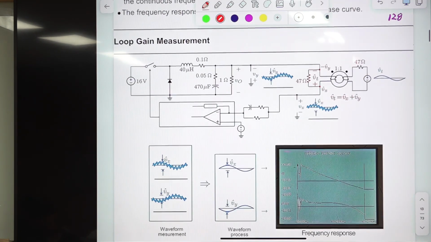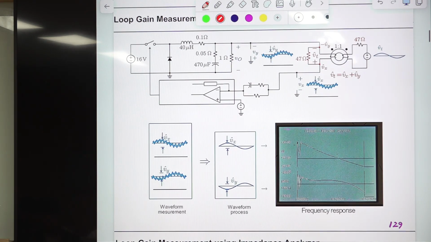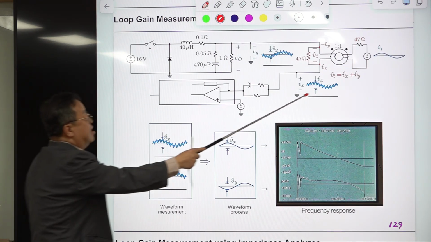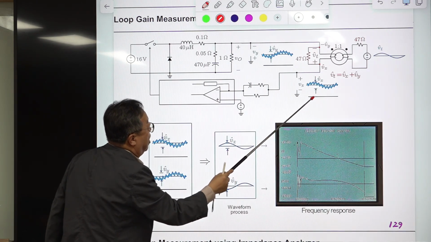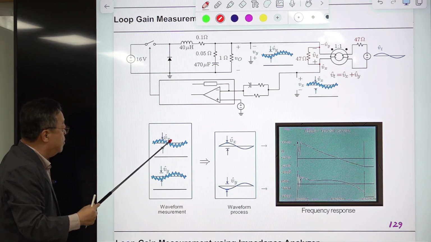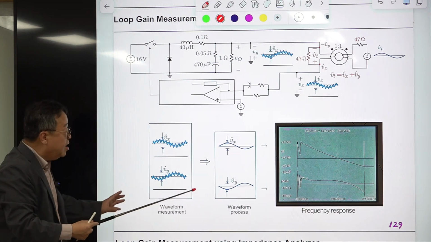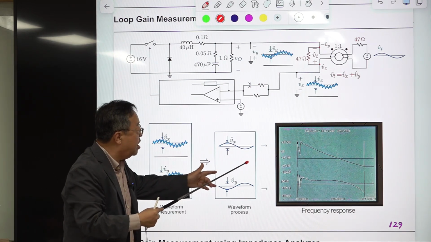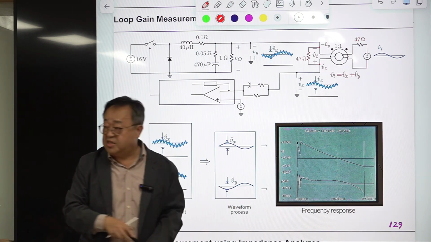And this is the diagram explaining the measurement of the loop gain. This thing is part of the impedance analyzer, and the impedance analyzer catches this and removes this ripple component and this DC component numerically, and it processes this and generates this ratio of magnitude and phase delay.